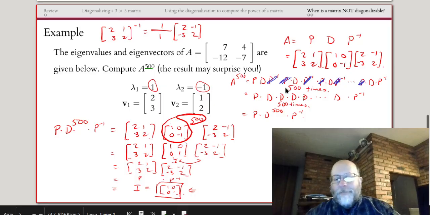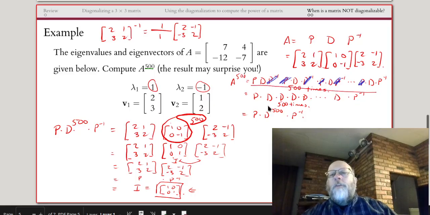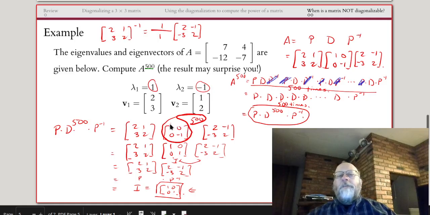All right. So diagonalization gives us a fast way of calculating a power of a matrix. We can use this trick here to cancel all but one of the P's and P inverses. The ones on the outside don't cancel. Everything in the middle does cancel. A diagonal matrix to the 500 power is just scaling each column to the 500 times.